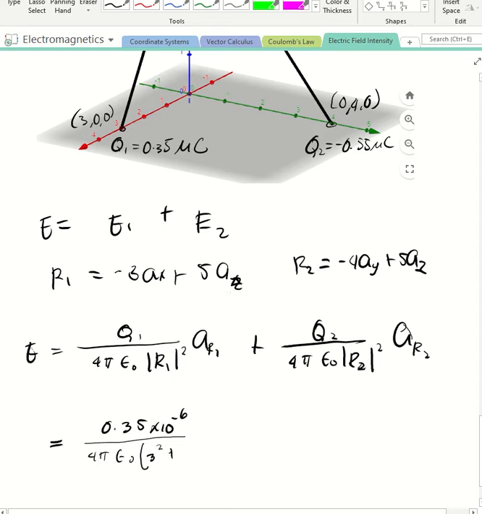So this will be 3 squared plus 5 squared. And you multiply it with the unit vector, so the vector itself, negative 3ax plus 5az, all over the magnitude, which is the square root of 3 squared plus 5 squared. 3 squared, 9, plus 25. And that is equal to 34, square root of 34. So this will be 34.